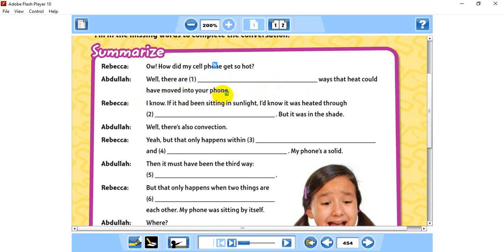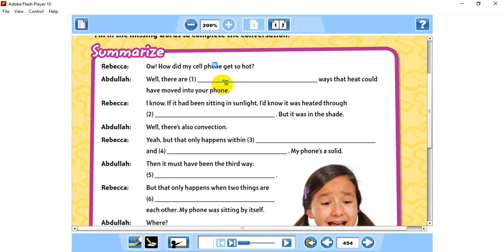For that reason, sometimes if you use your phone for a long time, you will find your phone is hot. Why, guys? Because there are three types of heat energy that move to your phone: conduction, convection and radiation. Radiation from where?